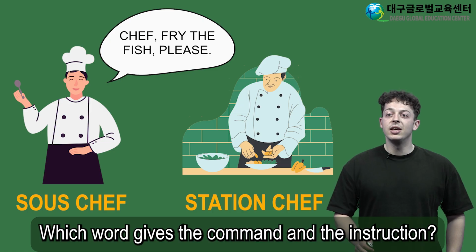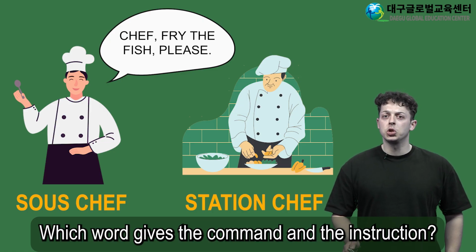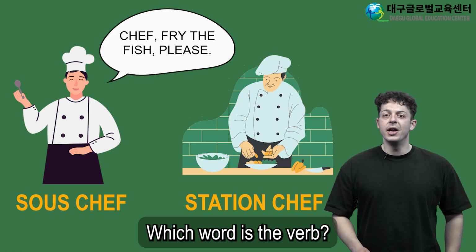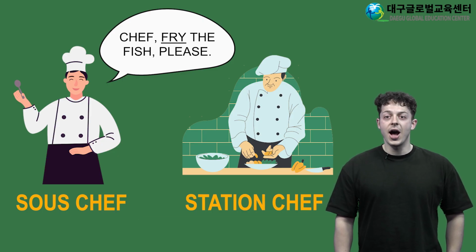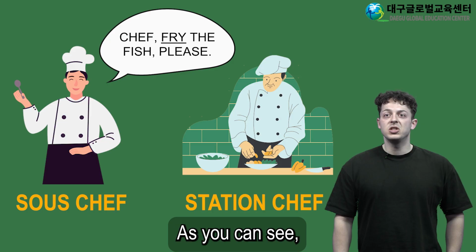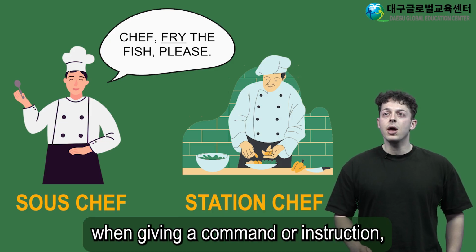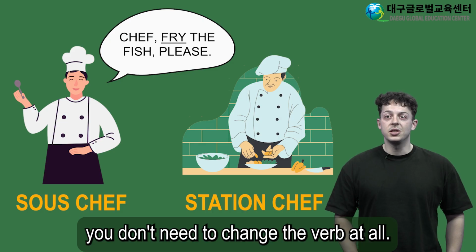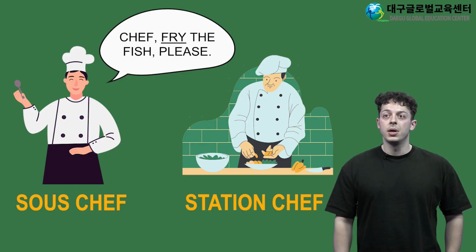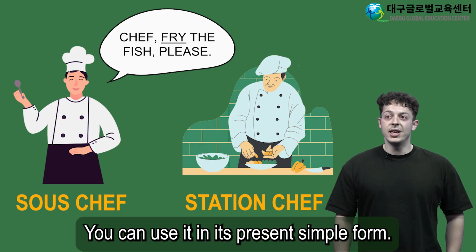Which word gives the command and the instruction? Which word is the verb? The verb is fry. As you can see, when giving a command or instruction, you don't need to change the verb at all. You can use it in its present simple form.